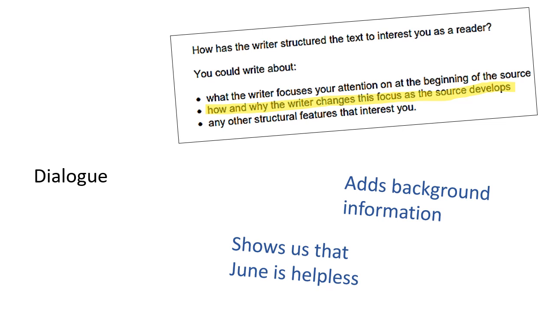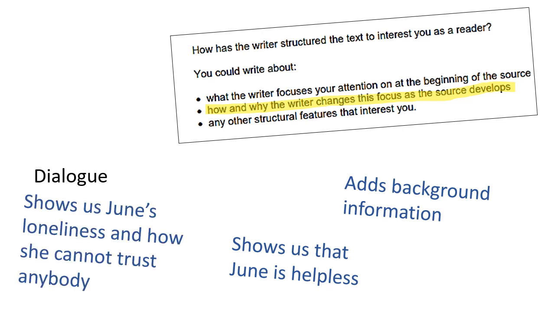She's helpless and vulnerable. And the conversation between the two handmaids shows us that she's lonely. She can't trust anybody. She can't say what she really thinks and feels to other people. So her and Ofglen have these, you might call, banal conversations in which they don't really say anything meaningful to each other.